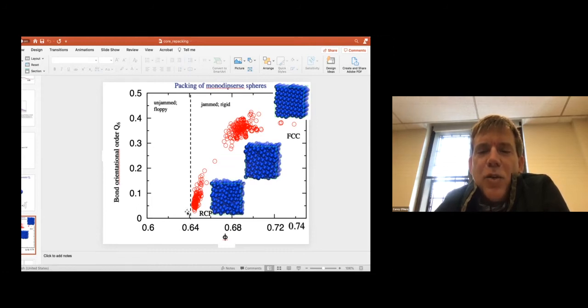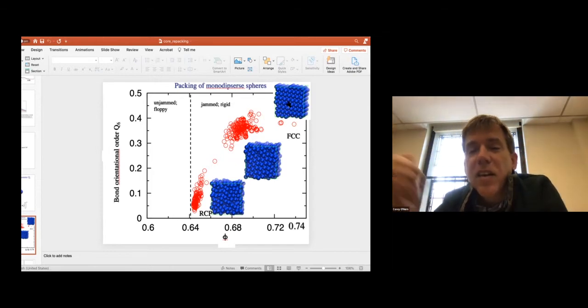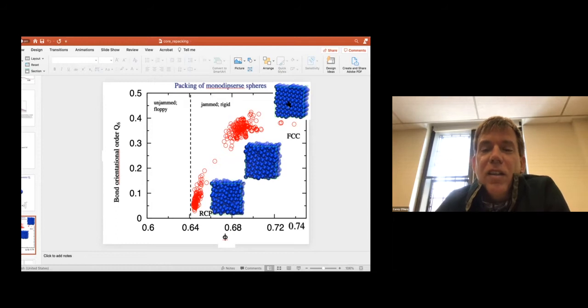And then those two regions connect through the order parameter. At the lowest values of packing fraction, it's very disordered, so 64. But as you increase in packing fraction, there's a monotonic increase in the order parameter. So the only way that you can get a very dense packing in the 70s for spherical particles is to have it be ordered, which is not what protein cores look like.